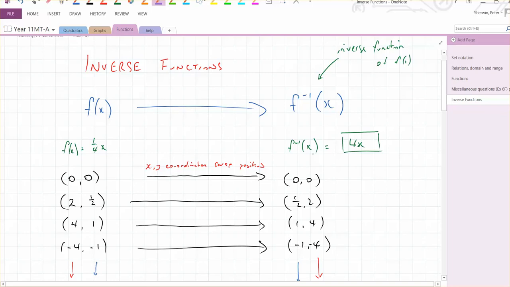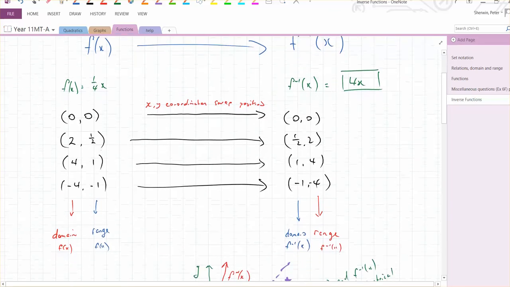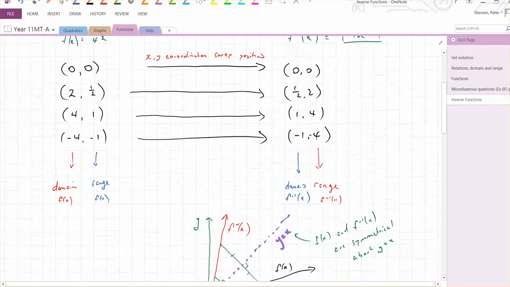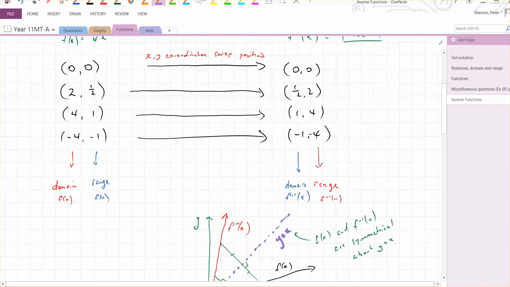So the definition of an inverse function is a switch in x, y coordinates from an original function, whatever that might be. Let's go ahead and see what the effect of that is. The x values here make up the domain of the original function f of x.